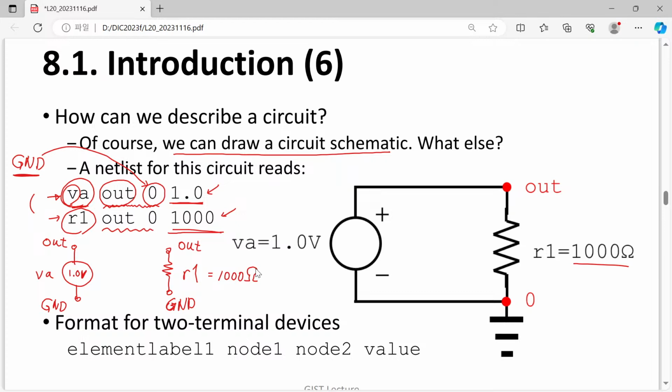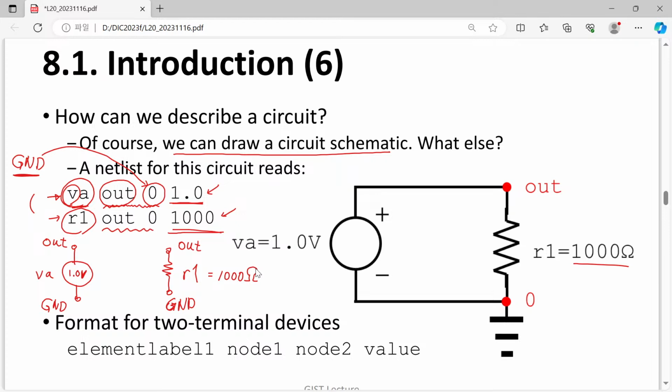Then maybe you feel something is missing. Each line just specifies the element, and there is no specification about the node itself. For example, there exists a certain node called out. It is connected to the upper terminal of a voltage source called VA, and simultaneously it is connected to the upper terminal of a resistor R1.